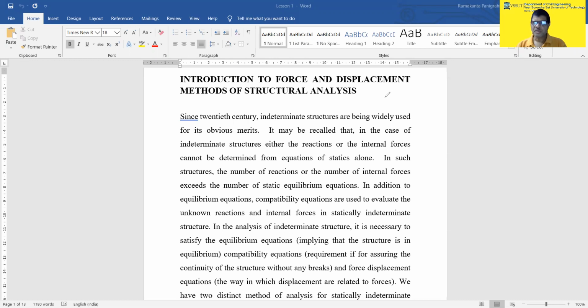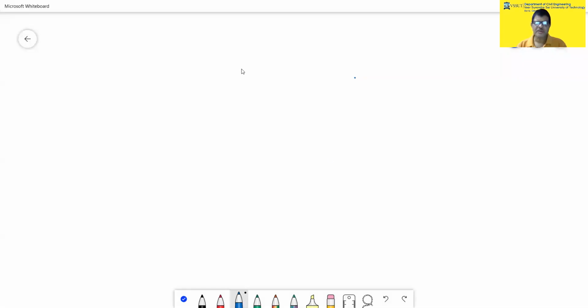You already know that we have three equations of equilibrium available. What are the equations of equilibrium? Sigma V is equal to 0, sigma M is equal to 0, and sigma H is equal to 0.